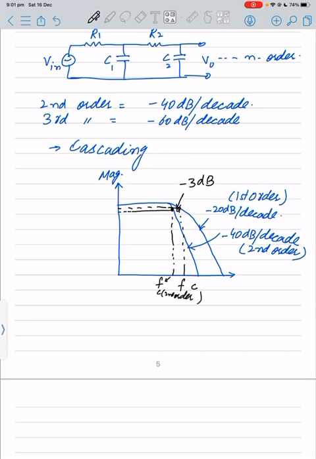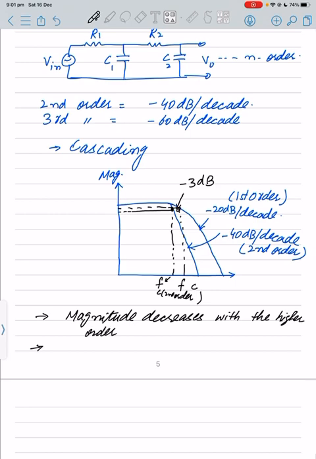So what happens is there are two things: कि एक तो इसकी magnitude जो है वो ज़्यादा decrease हो जाएगी at the corner frequency. So magnitude decreases with the higher order, and the second thing कि इसका जो पास बैंड है उसकी रेंज भी हमारे पास चेंज हो जाती है.